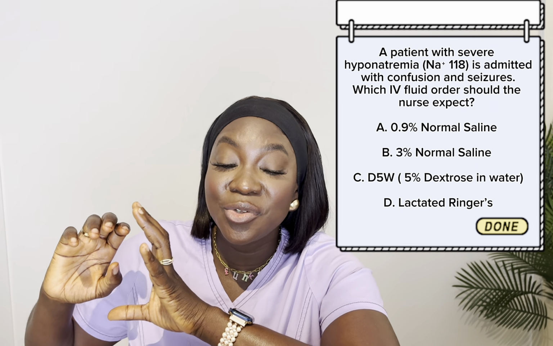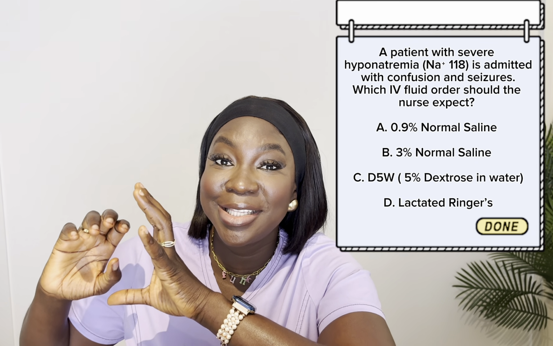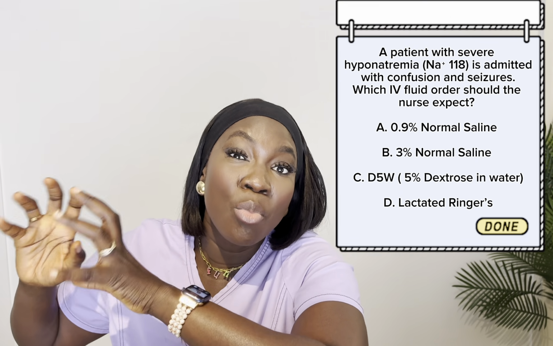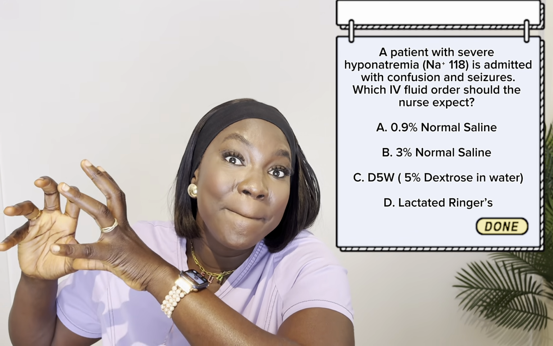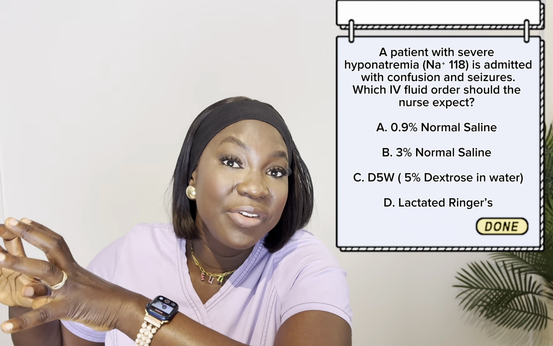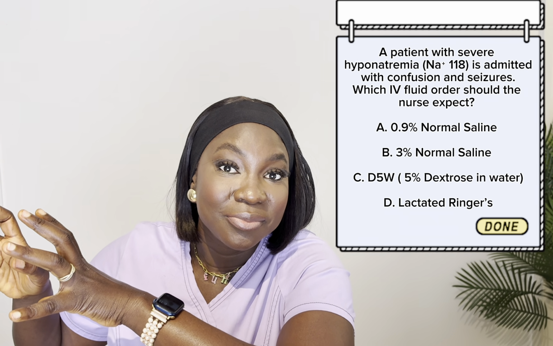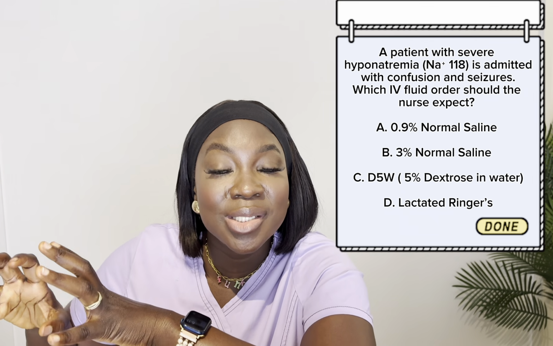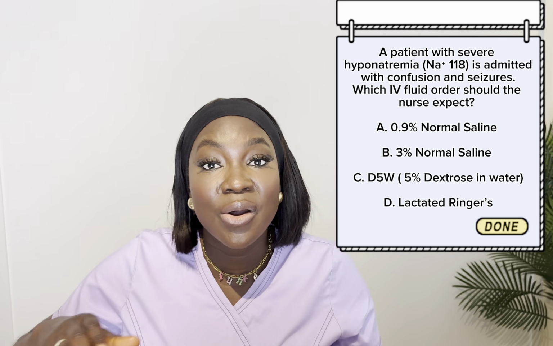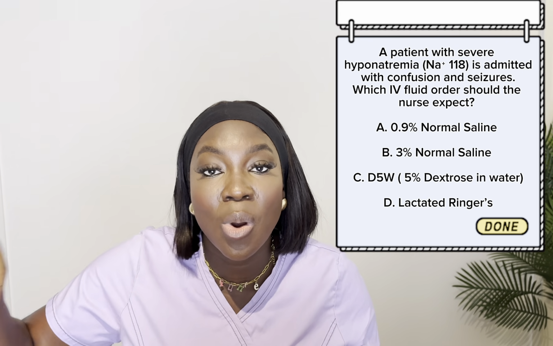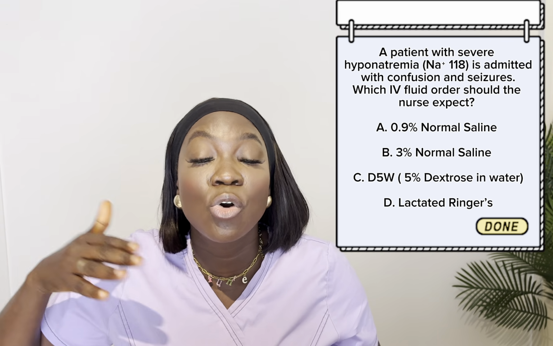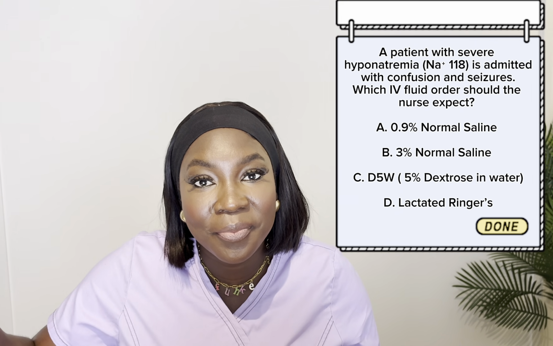So if you give them 5% dextrose in water, it will shift more water into the already swollen brain cell, which is why they were having the confusion and seizure. Because hypotonic fluids shift water into the brain cell and cause the brain to swell up like a hippo. So hypo causes the cell to swell like a hippo.